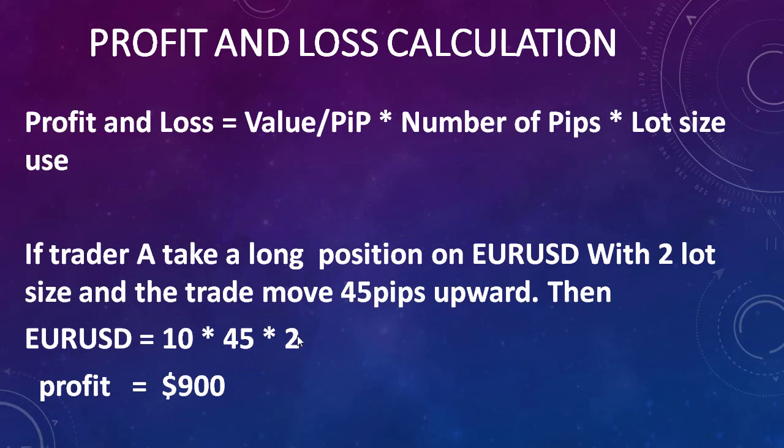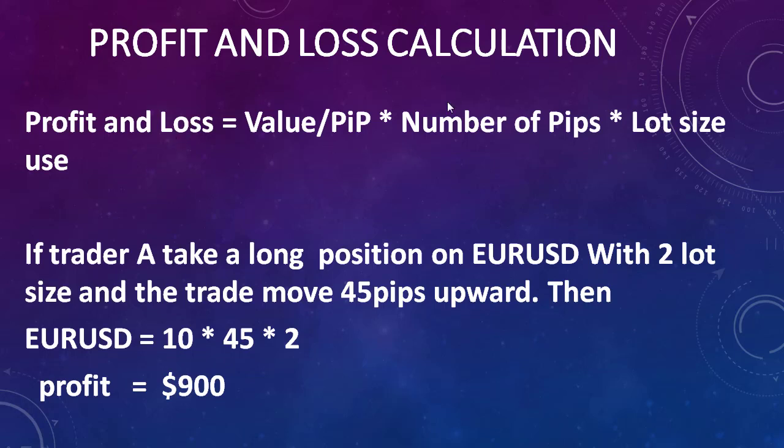If you multiply this, you will have your profit in dollars. So the trader will make $900 from that particular position. So $10 value per pip multiplied by 45 pips that the trade moved multiplied by your lot size will give you $900.